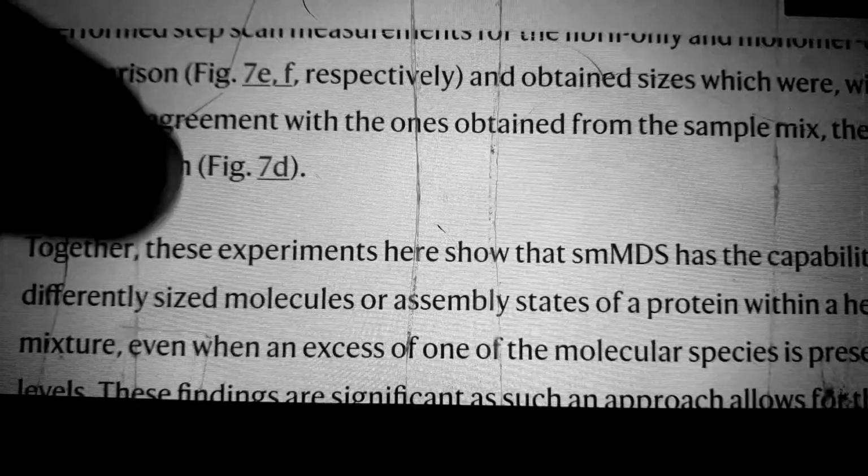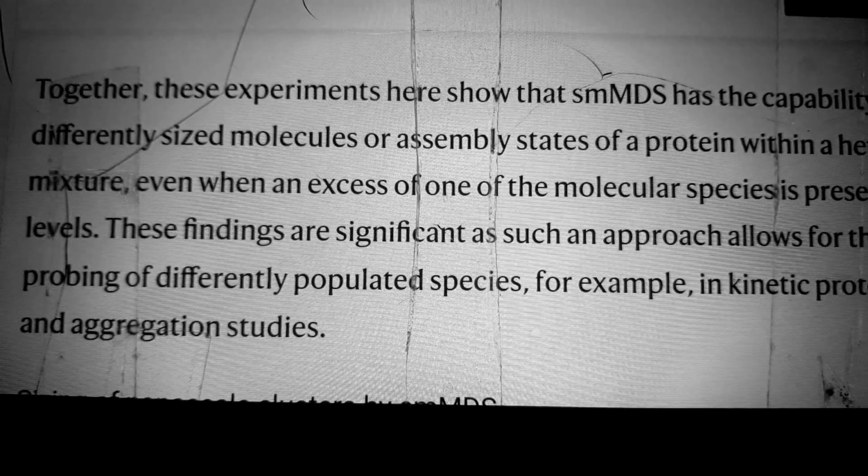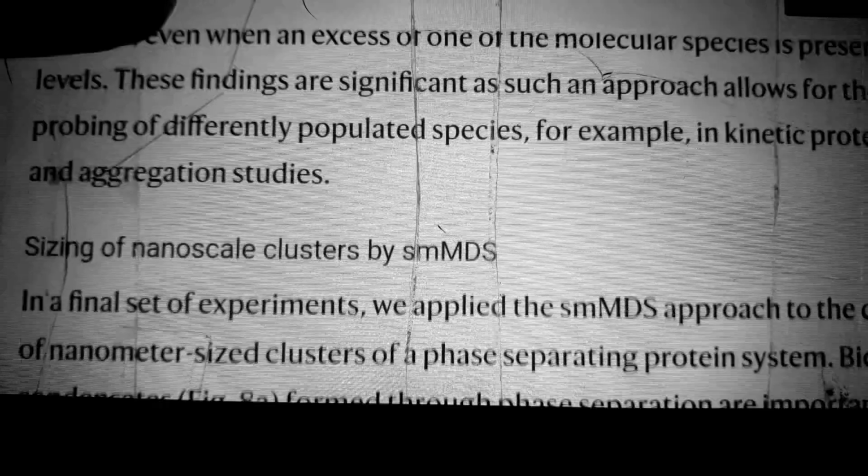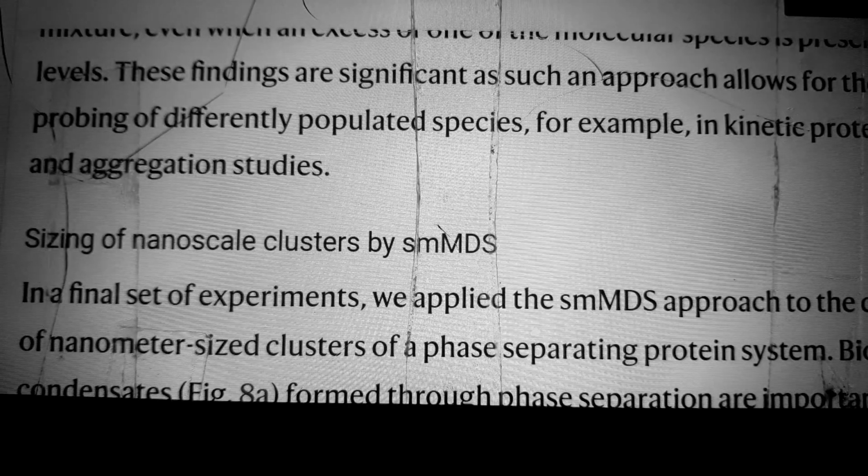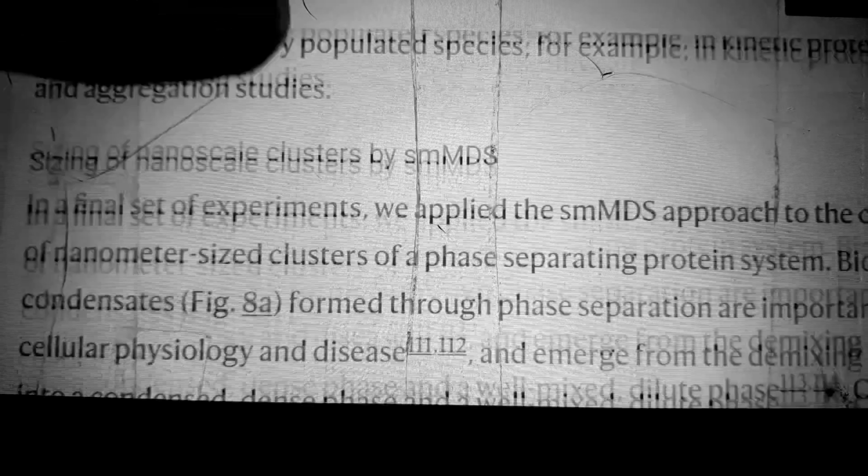Together, these experiments show that SMMDs has the capability to quantify differently sized molecules or assembly states of a protein within a heterogeneous mixture, even when an excess of one of the molecular species is present at bulk levels. These findings are significant as such an approach allows for the simultaneous probing of differently populated species, for example, in kinetic protein misfolding and aggregation studies.